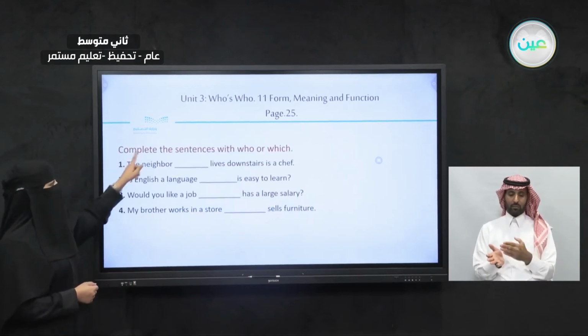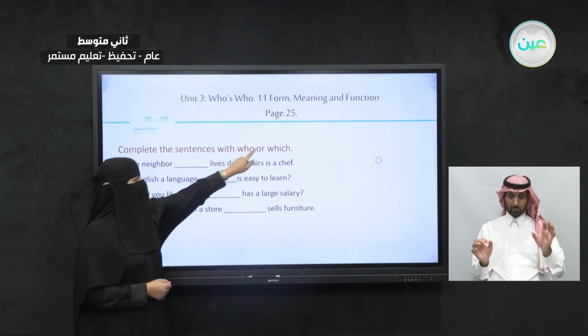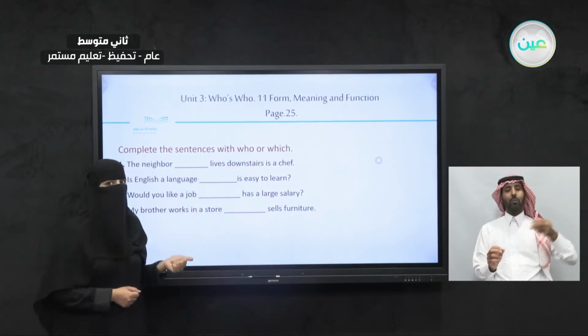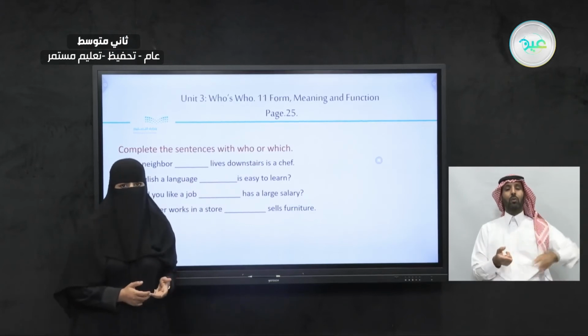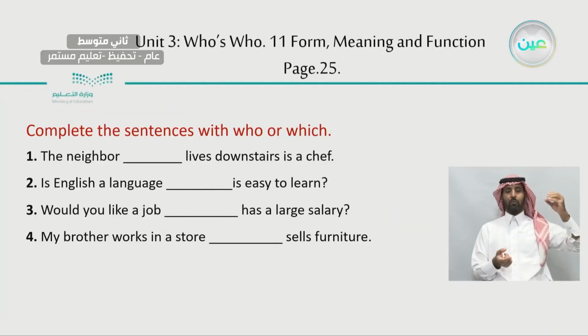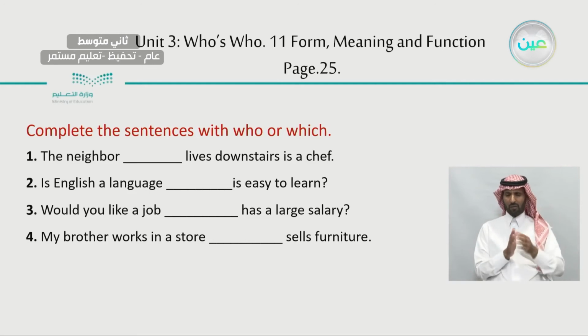What do we have here next? We want to complete the sentences with who or which. Who if we're talking about people, which if we're talking about things. Let's take a look here. The neighbor, something, lives downstairs, is a chef.